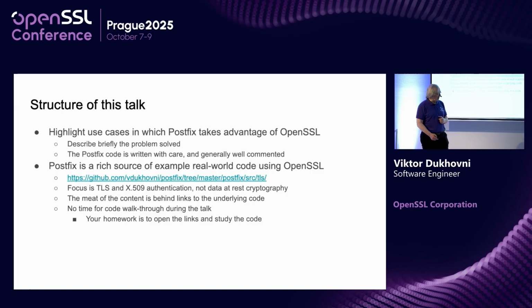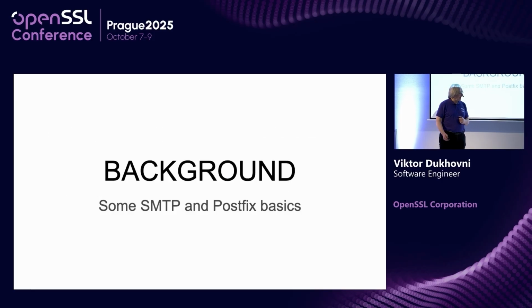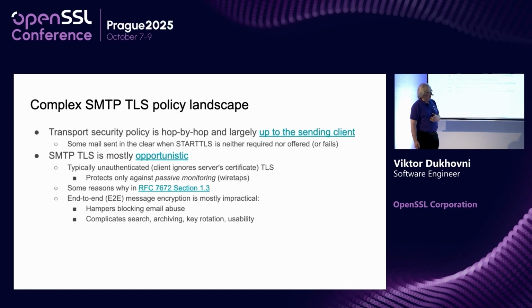Anyway, so moving along, background. What's interesting about SMTP in terms of TLS is that in SMTP, the user doesn't specify whether email is to be delivered encrypted or not in general. Right? You just send an email to an email address. The mail servers decide when and where to apply TLS opportunistically.